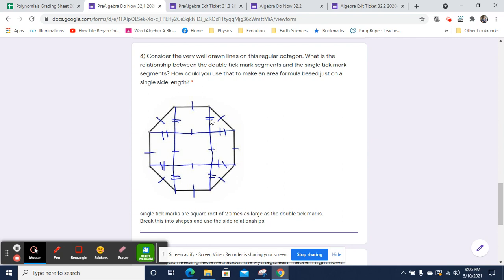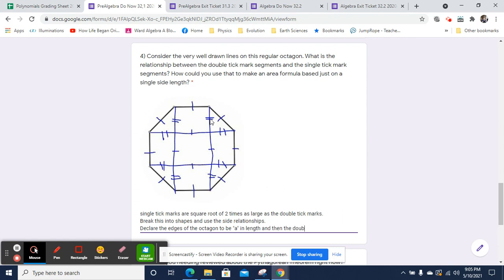Okay, so to declare the edges of the octagon to be X or N or A in length.